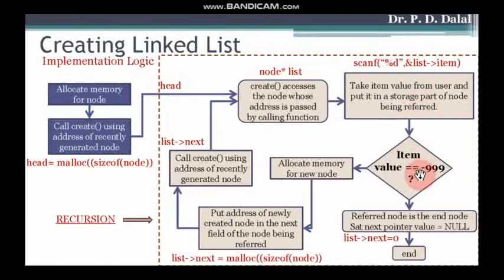If that item value is minus 999, then the referred node is the end node and we stop. If it is not minus 999, allocate memory for a new node, put the address of the new node in the field of the node being referred. That means list arrow next equal to malloc. Call create using list arrow next, and again repeat from here.